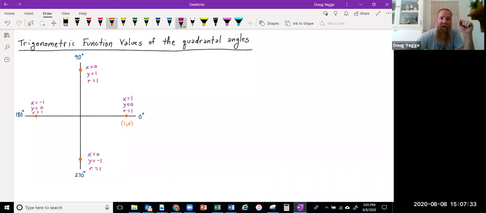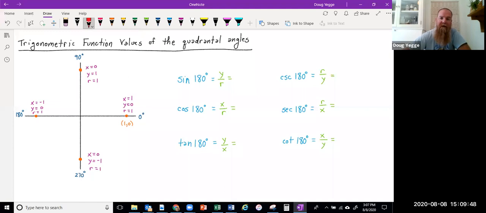So let's talk about maybe the trigonometric function values of 180 degrees. So keeping in mind the definitions of each of these, notice that r is going to be 1 in every one of these. So if the denominator is ever r, we're just simply dividing by 1. So this would be 0 over 1, which is 0. So sine of 180 degrees is 0 because the length of y compared to the length of the r value is obviously 0 since there is no y coordinate.